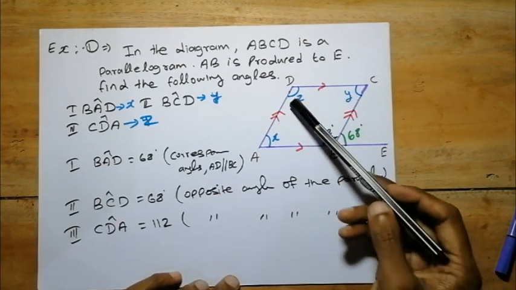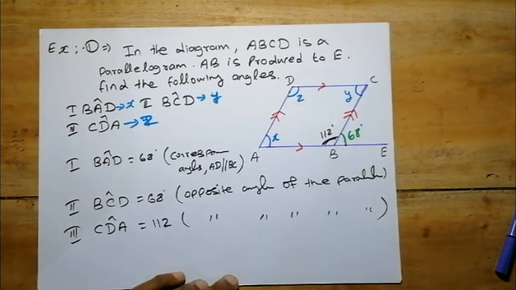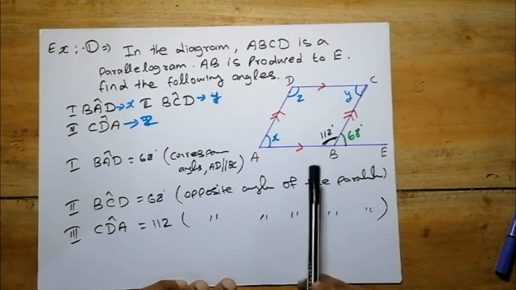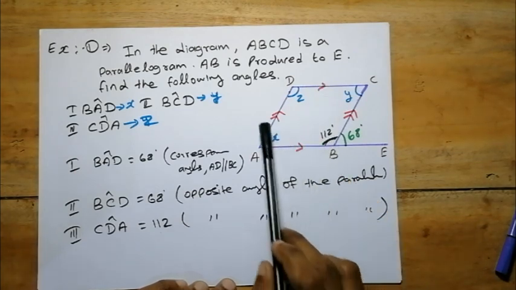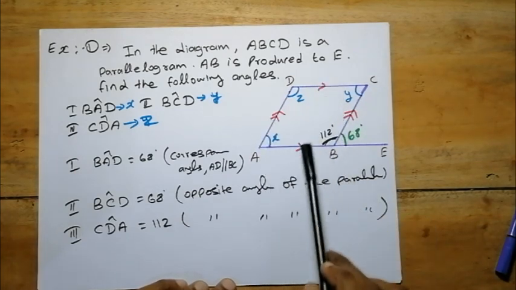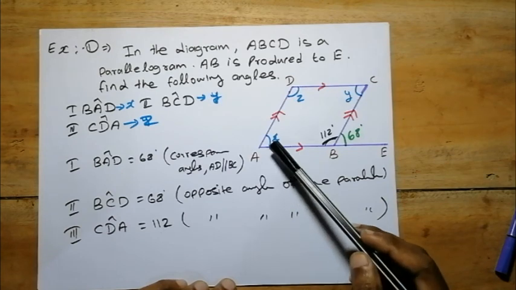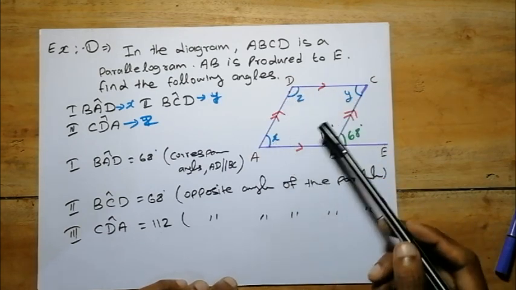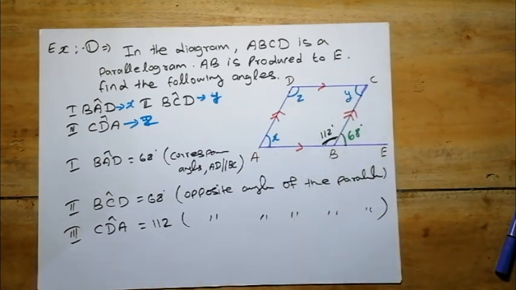Opposite angles are equal. So in this question we used 2 out of the 5: both pairs of opposite sides are parallel, and opposite angles are equal in a parallelogram. So we used those two theorems.